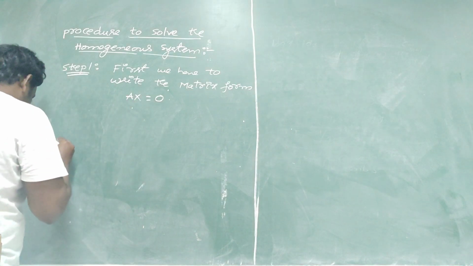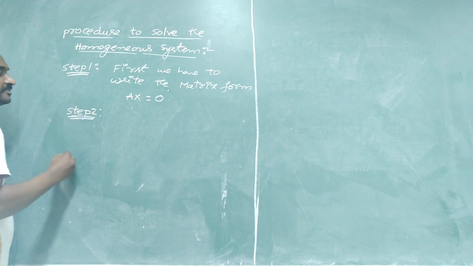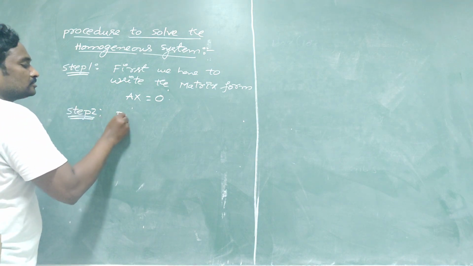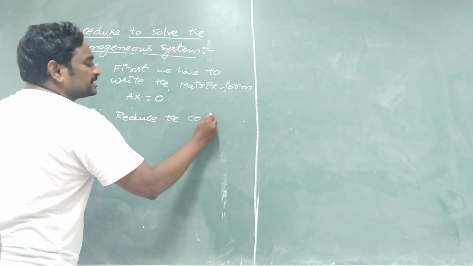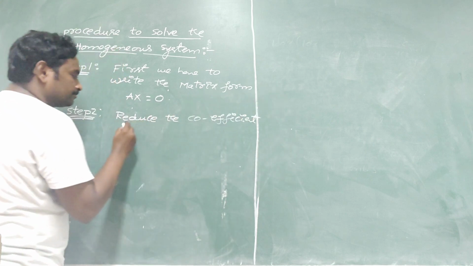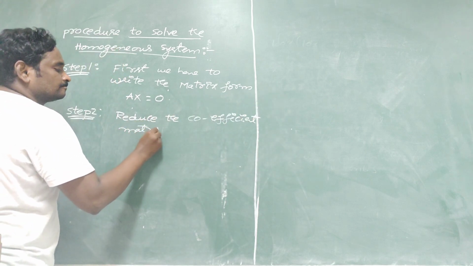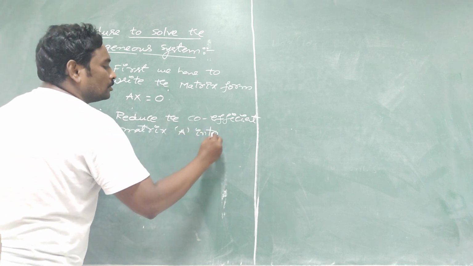Don't forget it. Step 2. Very simple method this one is. Reduce the coefficient matrix A into row echelon form.